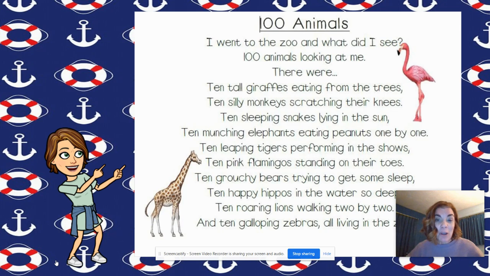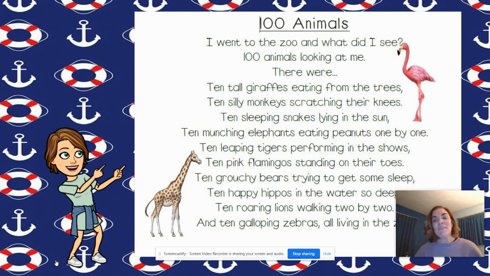There were 10 tall giraffes eating from the trees, 10 silly monkeys scratching their knees, 10 sleeping snakes lying in the sun, 10 munching elephants eating peanuts one by one, 10 leaping tigers performing in the shows, 10 pink flamingos standing on their toes, 10 grouchy bears trying to get some sleep, 10 happy hippos in the water so deep, 10 roaring lions walking 2 by 2, and 10 galloping zebras all living in the zoo.